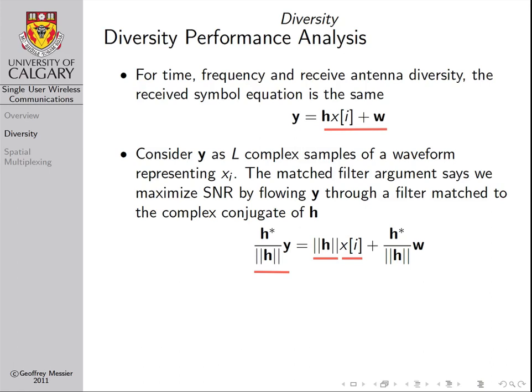So we're dealing with a scalar value here, plus the noise multiplied by the conjugate transpose of the channel vector. And this is also a scalar value because W, which is a column vector, multiplied by the conjugate transpose of H, which is a row vector, gives us a scalar.